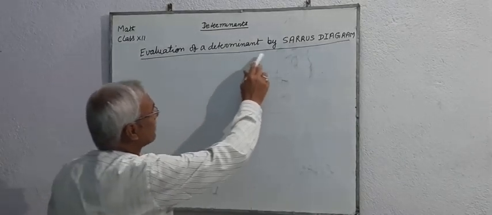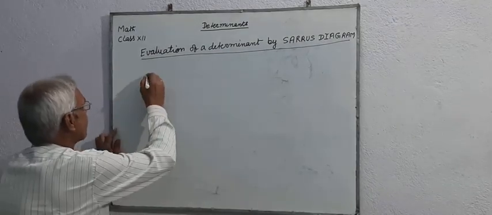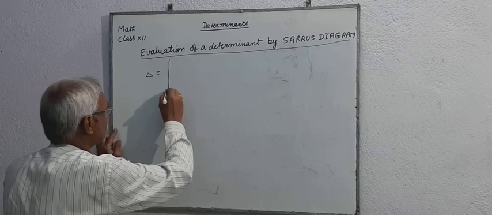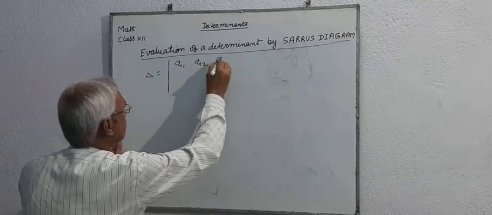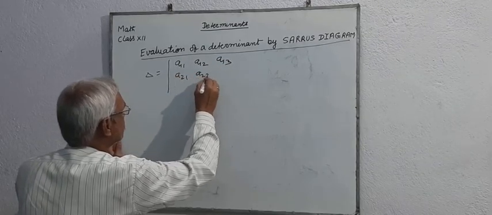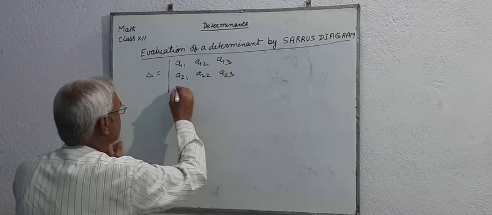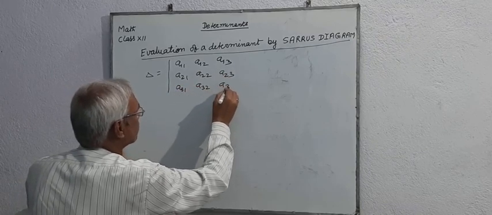Evaluation of a determinant by Sarrus diagram. Let delta equal the determinant with rows A11, A12, A13; A21, A22, A23; A31, A32, A33.